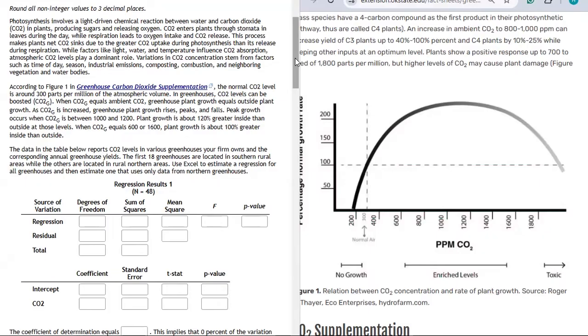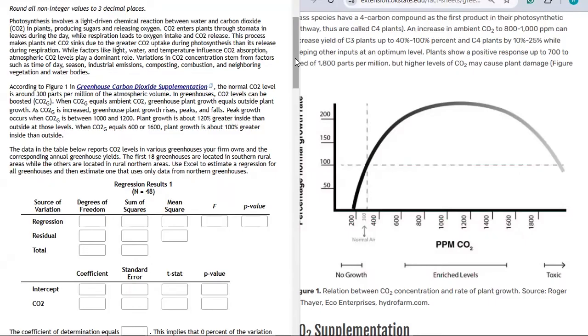The conditions inside the northern greenhouses and the southern greenhouses we're going to hold constant. So we don't really have to worry about composting, combustion, neighboring vegetation, and water bodies. We're controlling for the industrial emissions by having it in rural areas. We're controlling for time of day and season by using northern and southern greenhouses.